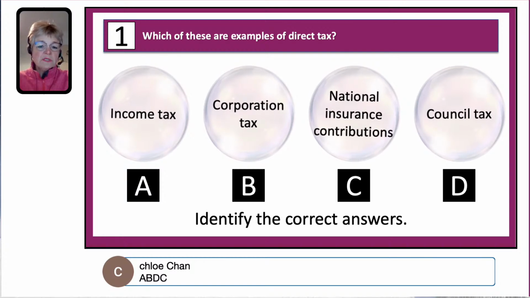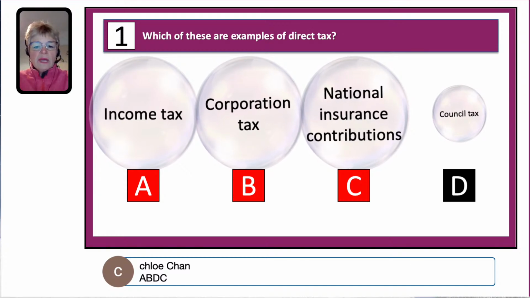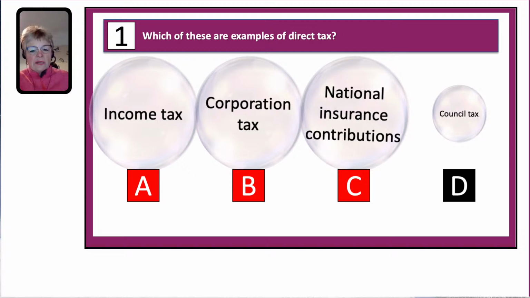National insurance contributions is on my income. But I only pay council tax if I own a house or have a deal with somebody who I'm renting that house. So council tax wouldn't be an example of a direct tax. It's an indirect tax. So I don't think we had any completely correct answers, but well done for trying.